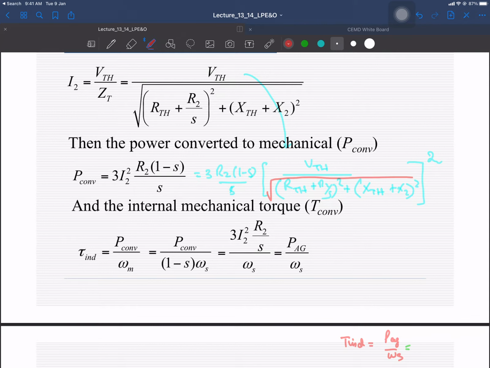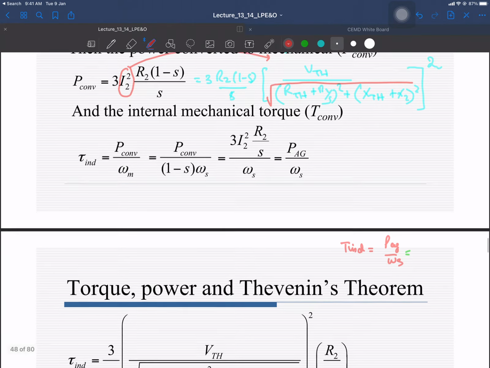We have used the value of I2 square over here, and we are going to use it over here.